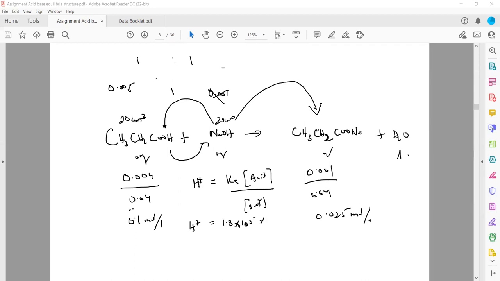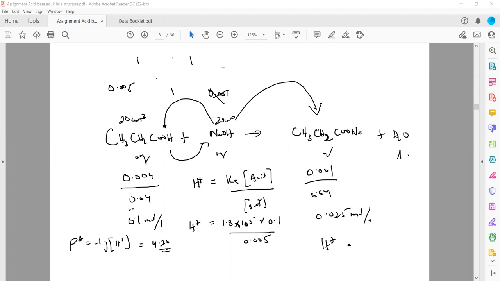The concentration of the acid is 0.1 and the concentration of salt is 0.025. This will give us the hydrogen ion concentration, and after knowing it, we'll calculate the pH. pH equals minus log of hydrogen ion concentration, so it is approximately 4.28.